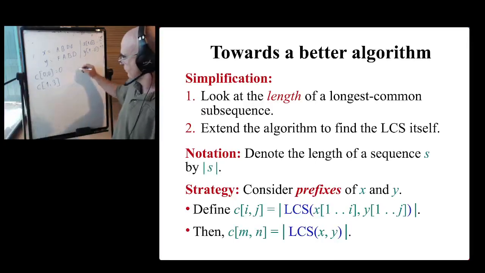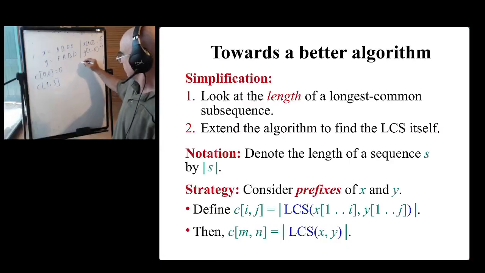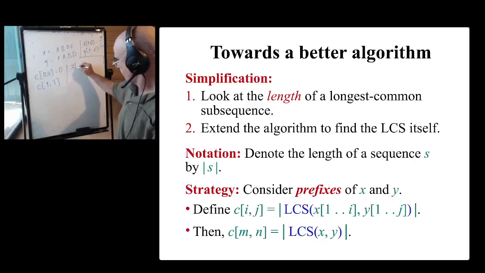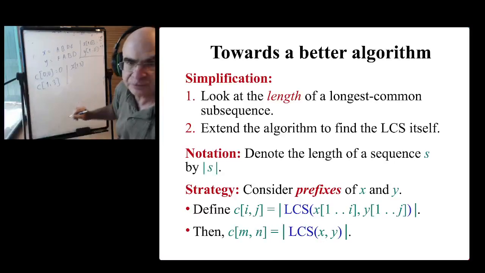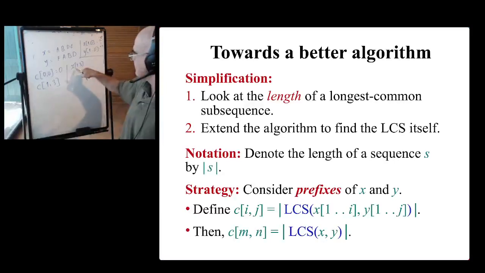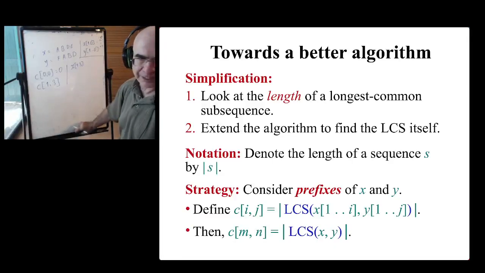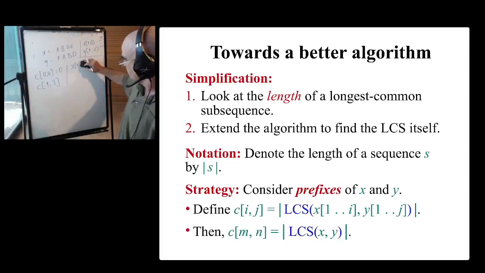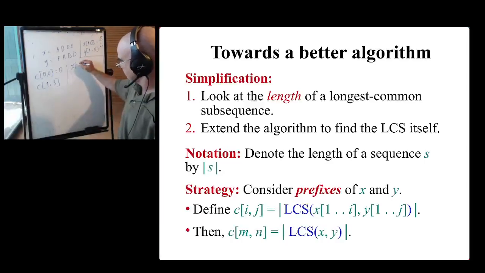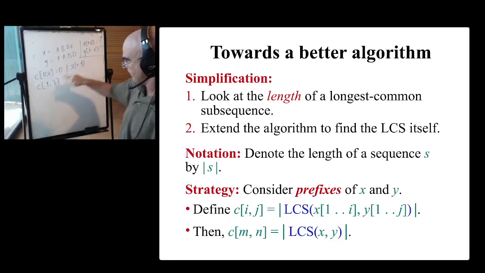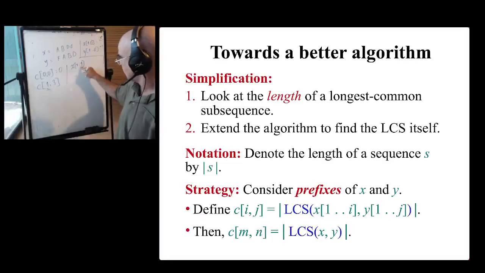I need to compute what, in this case, x of 1 dot dot 1 and y of 1 dot dot 3 are. I should have let you answer, but because we are running out of time, I'll answer myself. What is the 1 over here? It tells me go to x and take the prefix that starts at 1 and ends at 1.